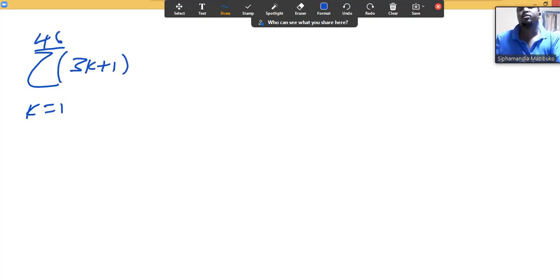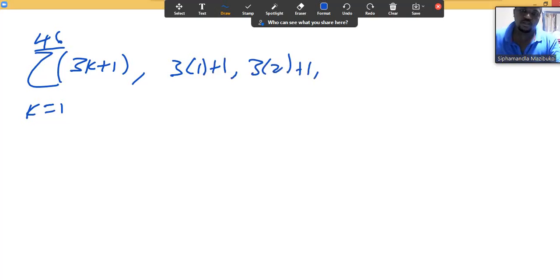That's our formula, and we're looking at expanding it. Let's find the first terms. Our first term is 3 times 1 plus 1, then 3 times 2 plus 1, then 3 times 3 plus 1, and so on. So our first term is 4, our second term is 7, our third term is 10.